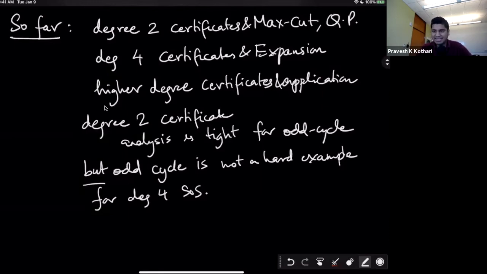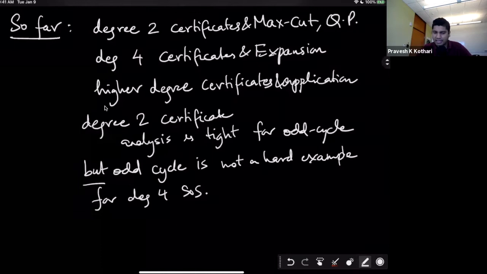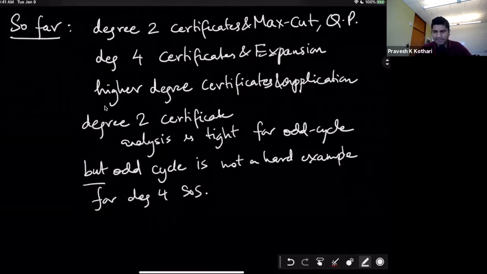So in some sense, even though we think some of these problems should be really, really hard, we don't really have strong lower bounds. We don't have a good understanding of when degree 2 or 4 or 6, whatever, certificates do not exist. And so that is basically our goal today, to understand situations where we can rule out small degree sum of squares certificates. In fact, we're going to rule out essentially omega of n degree certificates.